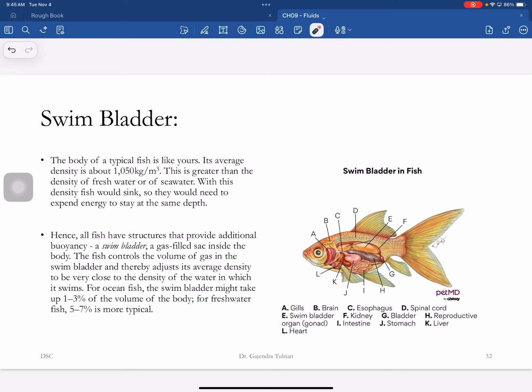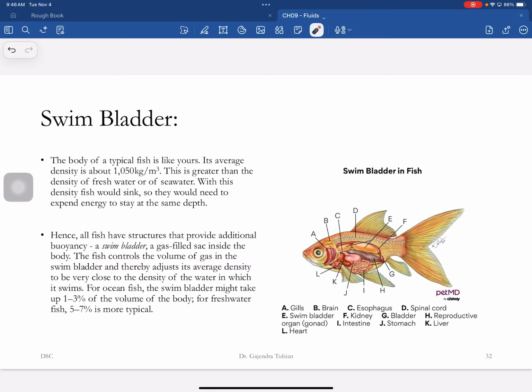What's the first thing you would do? Reduce the amount of air there so you can dive to the floor easier. And if you want to rise, then you would increase the amount of air. So the fish controls the volume of gas in the swim bladder and thereby adjusts its average density.